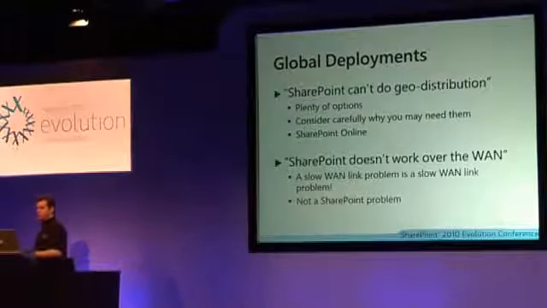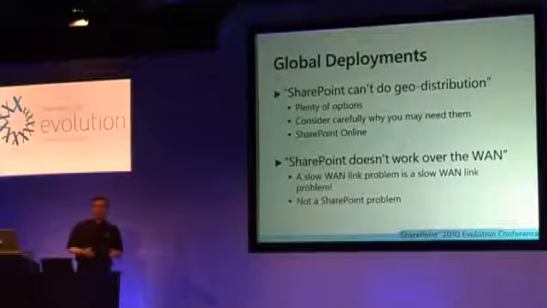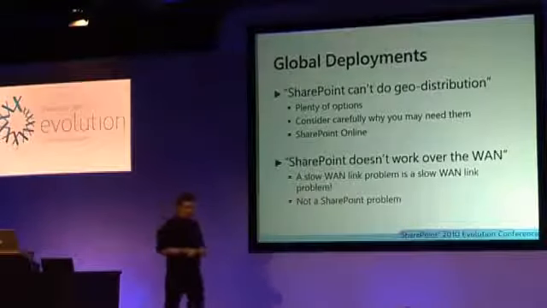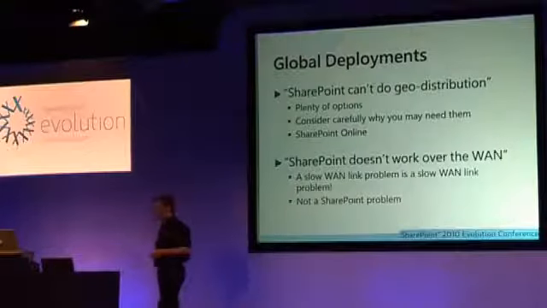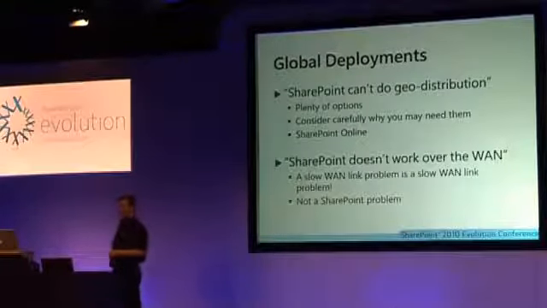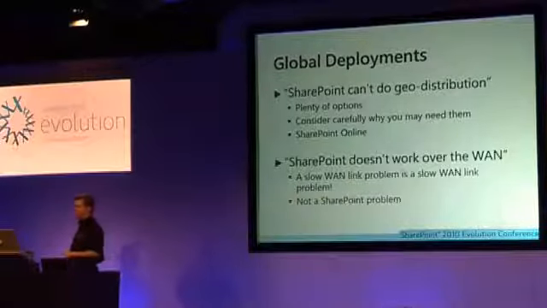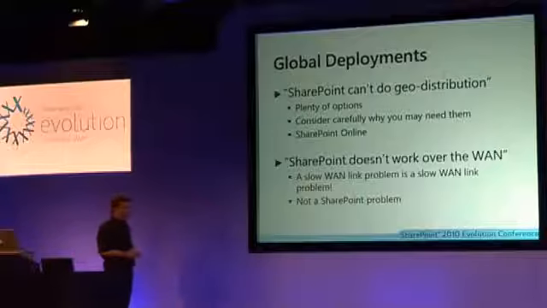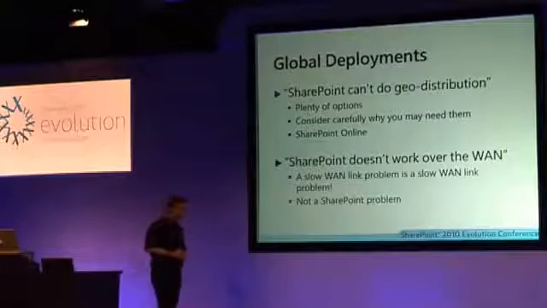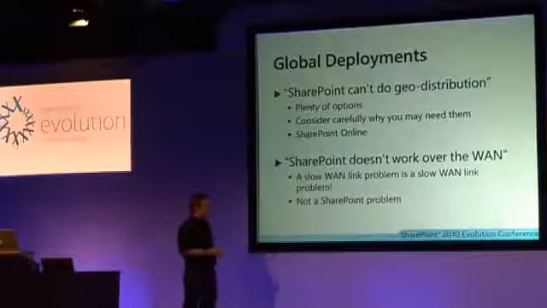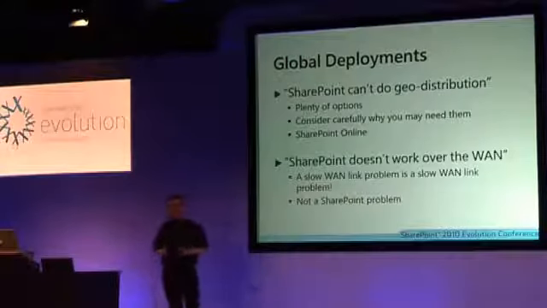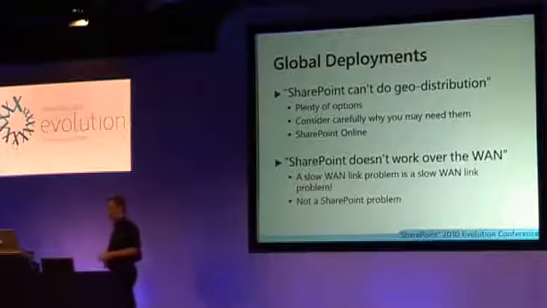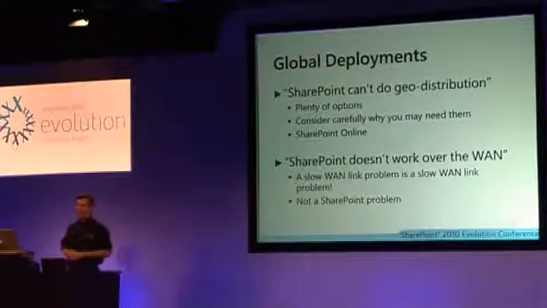With respect to working over the WAN, there are some improvements in 2010 that make some of the service applications more efficient over the wire. But the problem here has got nothing to do with SharePoint. If you've got a slow network link, you've got a slow network link. There is nothing SharePoint can do for you. You could look at web accelerators, SSL accelerators and various other devices that deal with compression. These are boxes. You put one in your farm network and one in the client network.